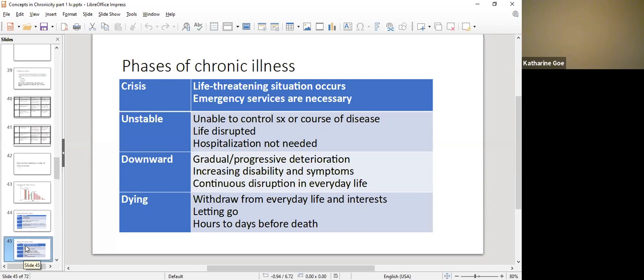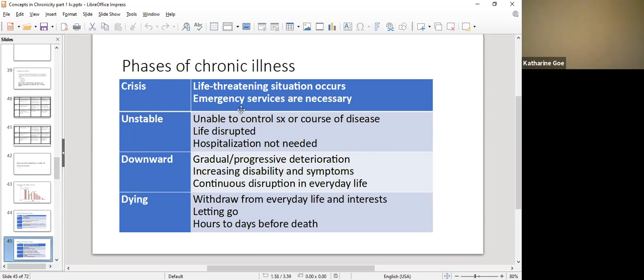Their life is disrupted. Typically people at this point won't benefit from hospitalization so much as just trying to manage their declining condition at home. And there's a gradual downward trend as there's progressive deterioration and increased disability and symptoms and continuous disruption of everyday life.